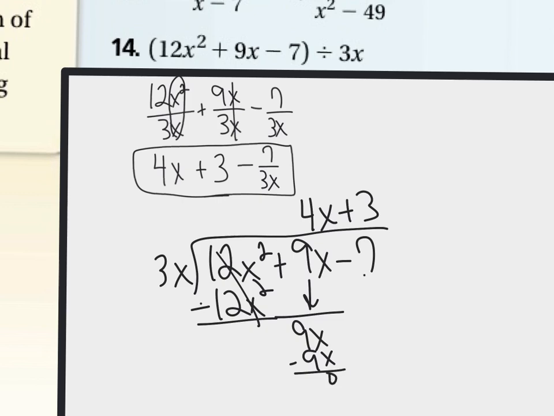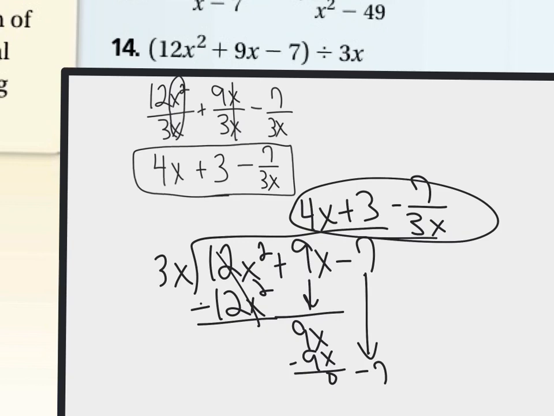And then you can bring down the minus 7, but 3x times something to get negative 7 is not going to work unless we have a fraction. So this is really just our remainder part here. And if you'll notice, we got the same answer that we did here. So either way you want to do that, but again, if you are just dividing by a monomial, you do have an option of splitting it up and dividing each of those terms by that monomial.